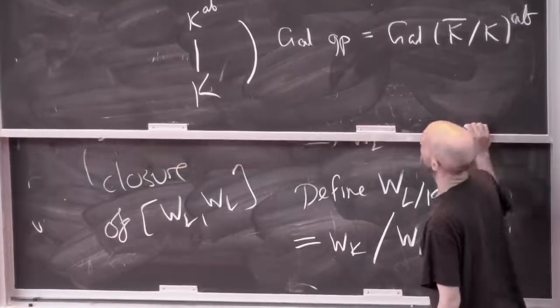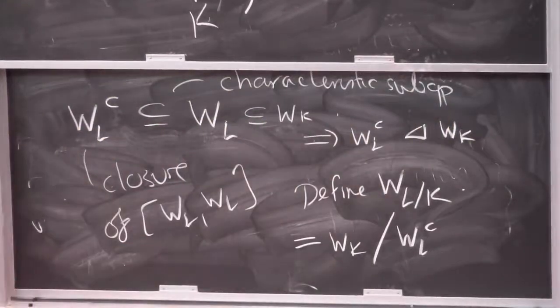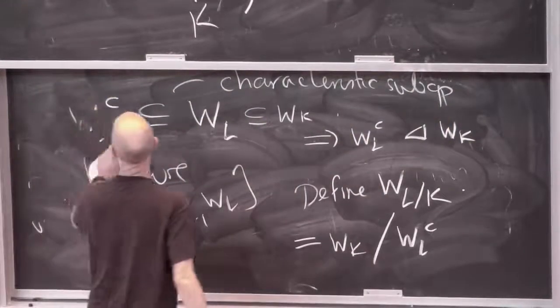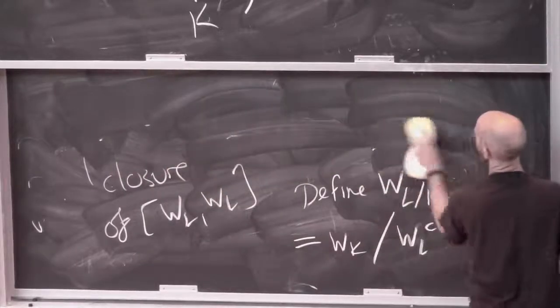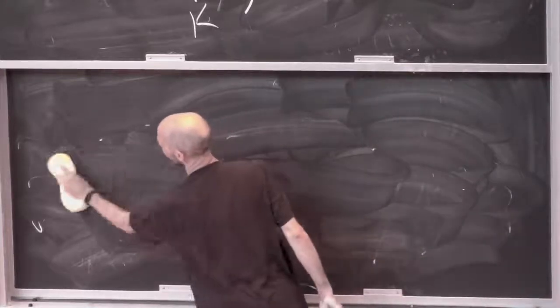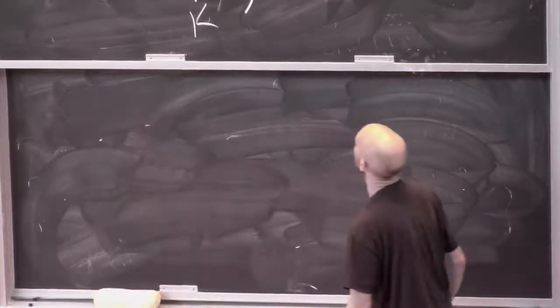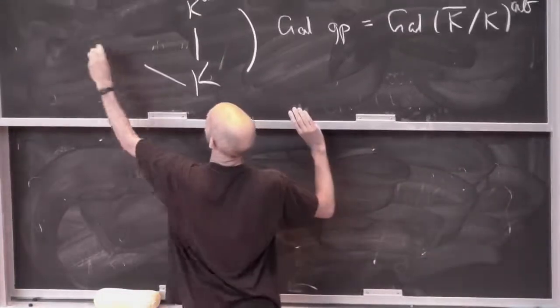Okay, and now what can I say about Gal(K ab over K)? The point is that unramified extensions are abelian. Unramified extensions have Galois groups related to the Galois group of the residue field, and those Galois groups are all cyclic. So K^nr lives in here, right?